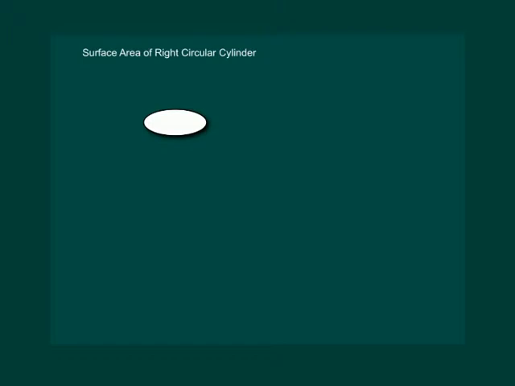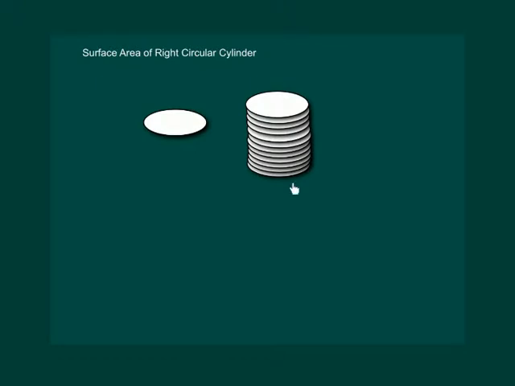If we take a number of circular sheets of paper and stack them up vertically, then we get what is called a right circular cylinder.